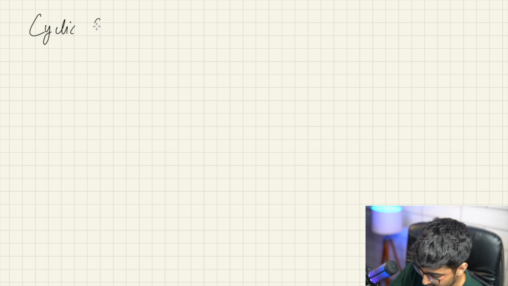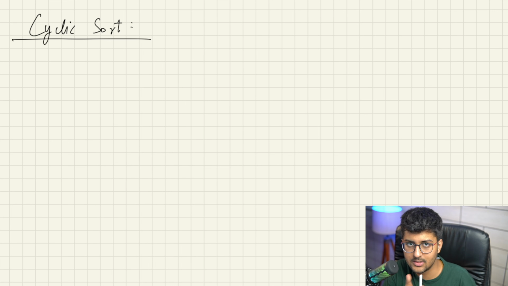All right, so let's look at cyclic sort. What is cyclic sort? It's a sorting algorithm. So far we've done bubble sort, insertion sort, and selection sort.